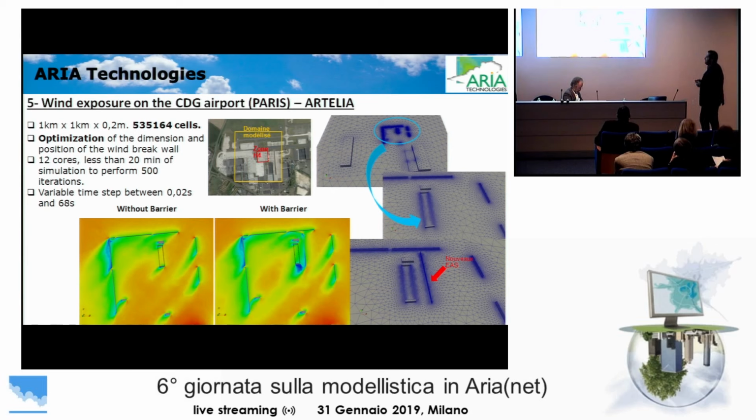So this study was to tackle a security problem for operators on this site. So this is with barrier and without barrier. So you can see that the windbreak barrier makes a very significant reduction of the wind module.